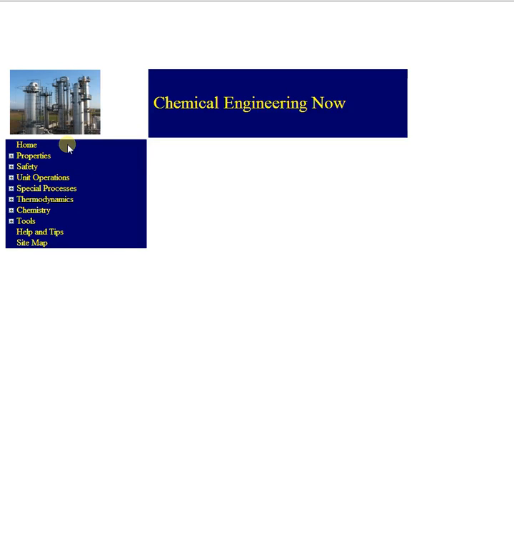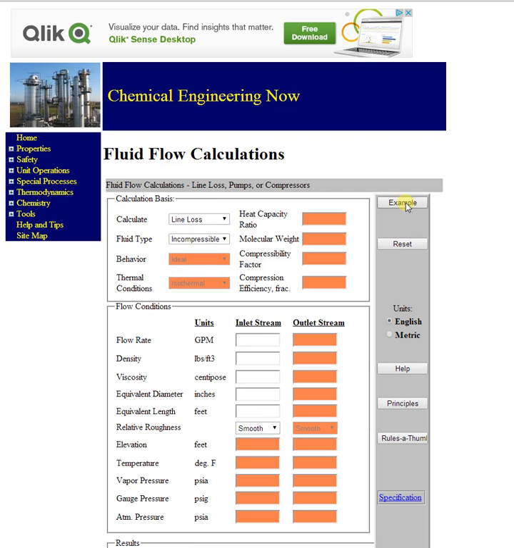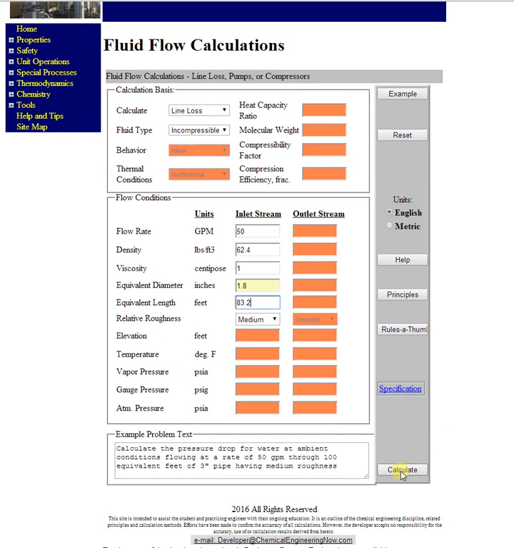So if we go back to our fluid flow calculator, we can use line loss. Again, let's just populate the fields with our example. But we will change this to 1.8, and we will change this to 83.2, and run our calculation again. 2.92 is the pressure drop over this length of pipe, and the velocity is now 6.31 feet per second.